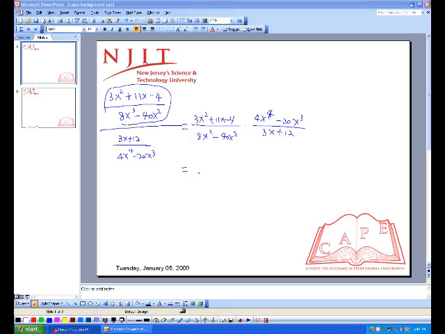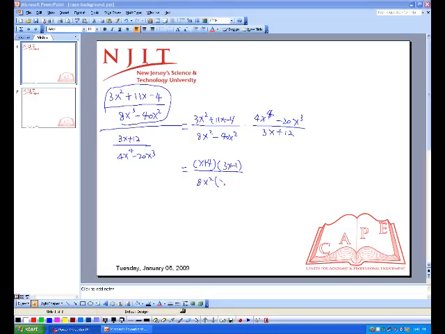The first step is to factor out all the polynomials into the simplest term possible. So 3x squared plus 11x minus 4 should factor into x plus 4 and 3x minus 1. Then x cubed minus 5x squared, you should be able to factor out x squared.